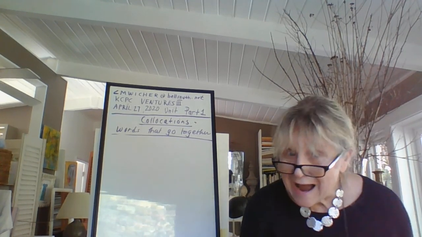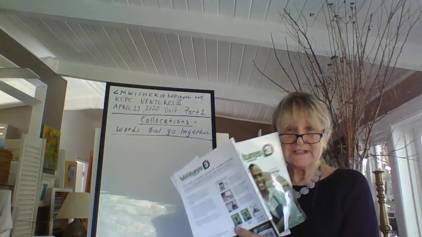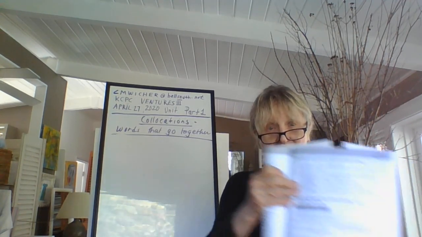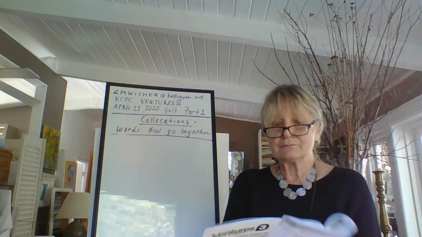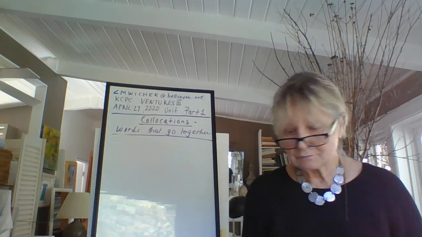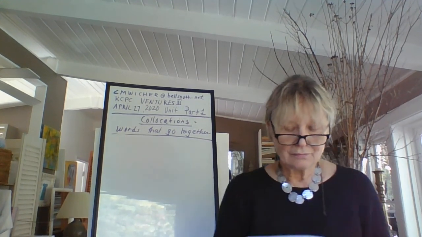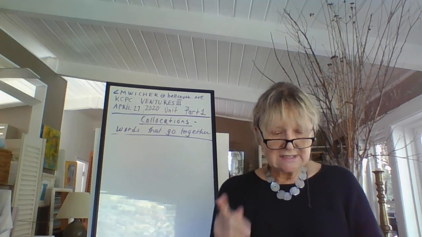Okay. So now, to finish this segment, I would like you to please take out your workbook and turn to page 89. And at the top of the page, we're going to read this together.